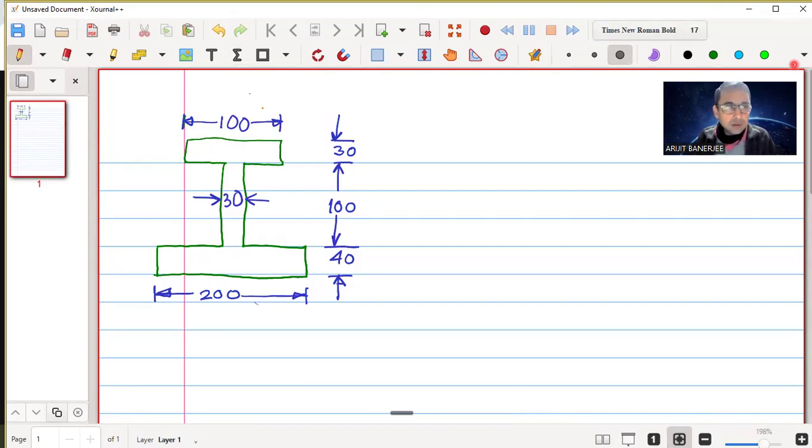Determine the moment of inertia, or area moment of inertia. It will be better to be precise. Area moment of inertia.